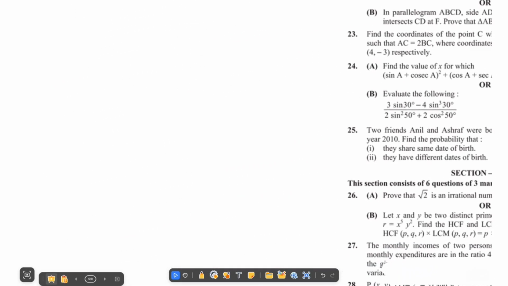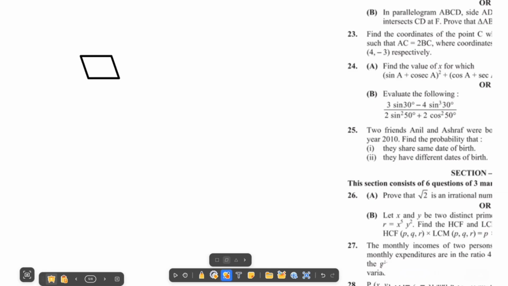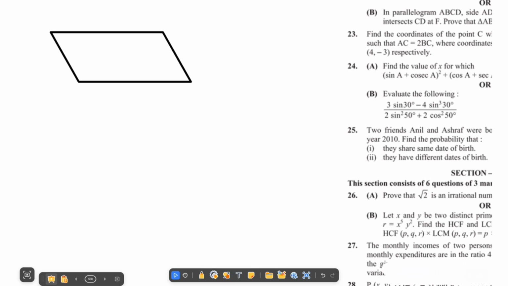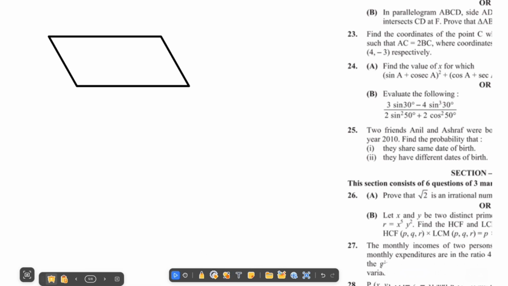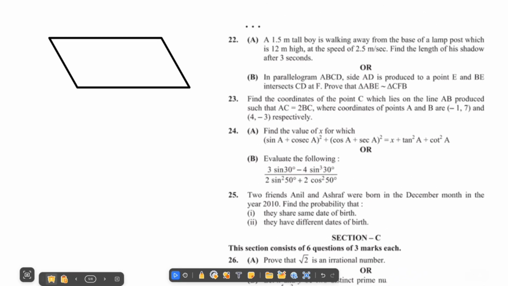So what is given? It is given that ABCD is a parallelogram.